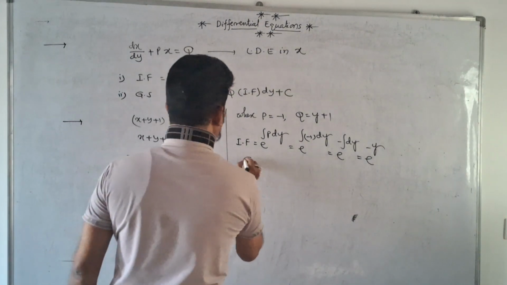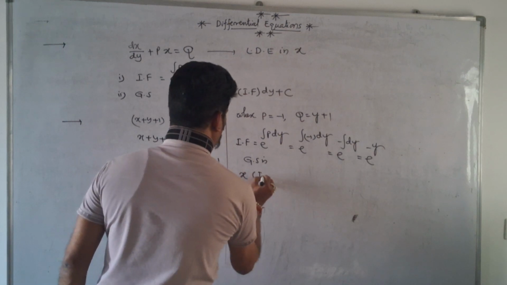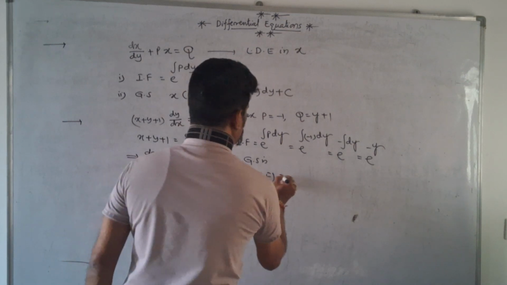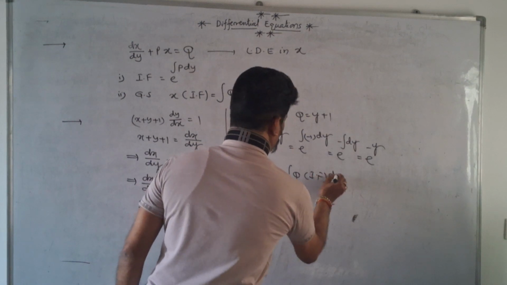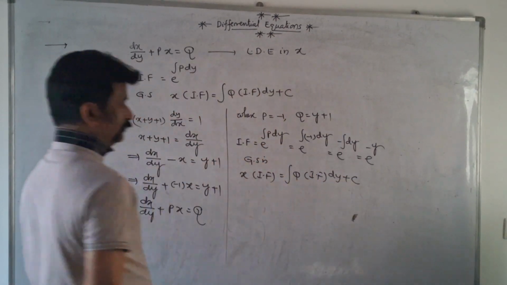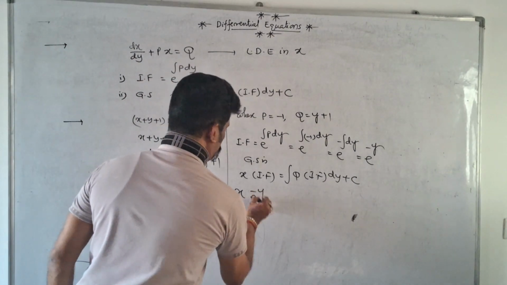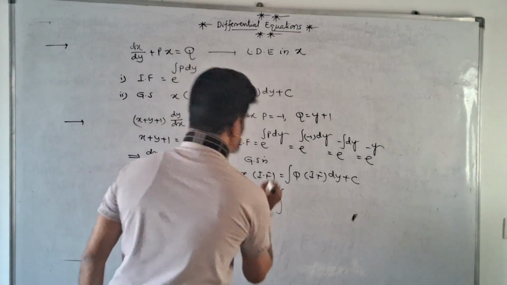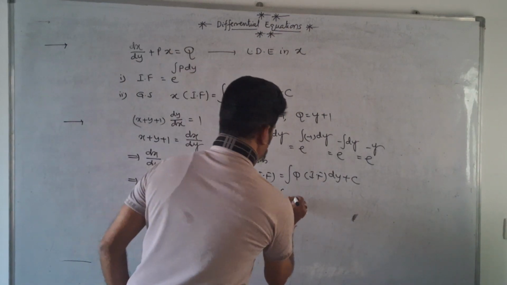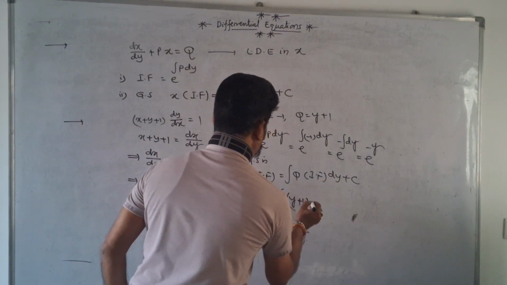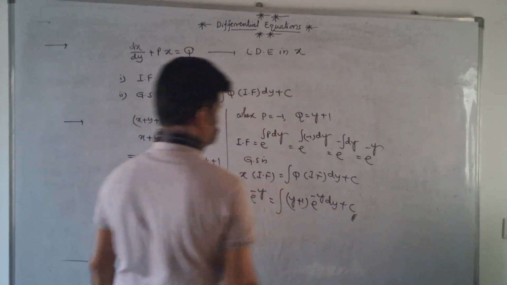So the general solution is x × IF = ∫Q × IF dy + c. So x × e^(−y) = ∫(y + 1) e^(−y) dy + c.